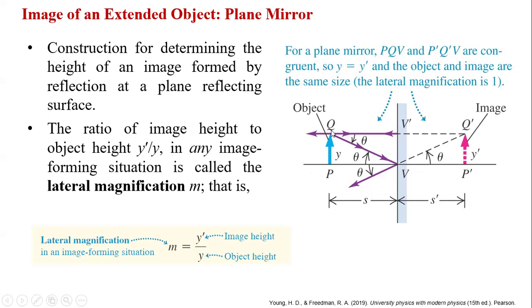So we can say that the ratio y over s is equal to the height of the image over s prime, and then the lateral magnification for a plane mirror is actually 1.